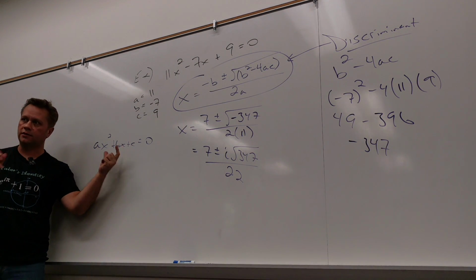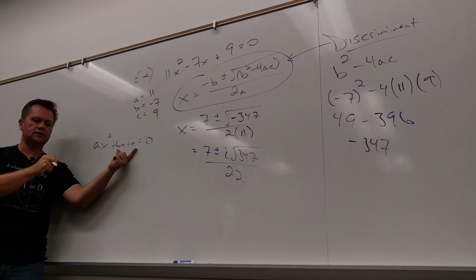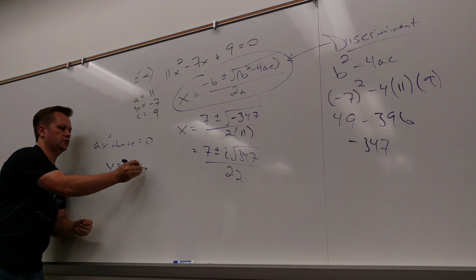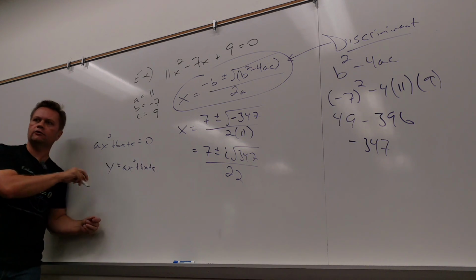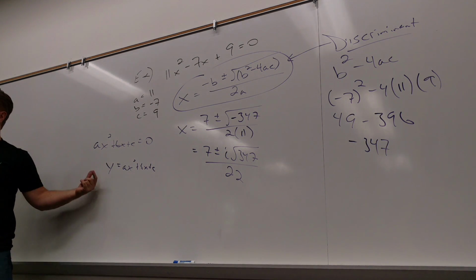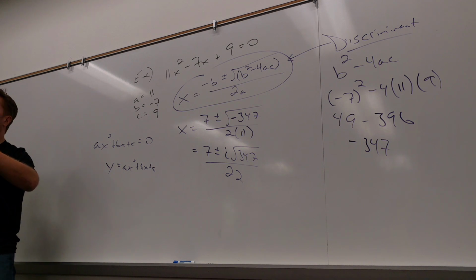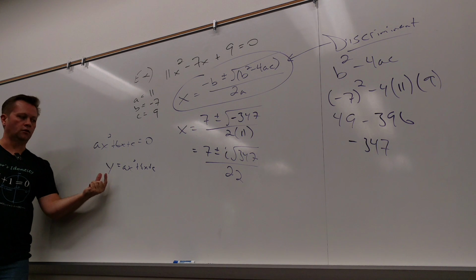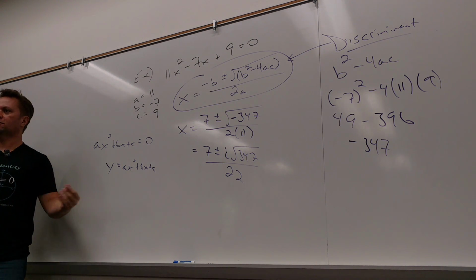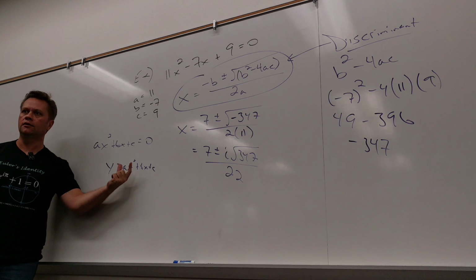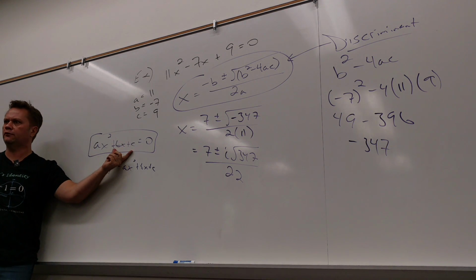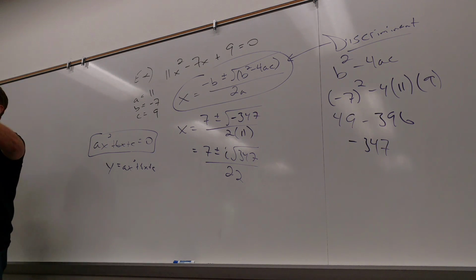Now, real quick, this is what it does, but what else does this do? If I had y equals ax squared plus bx plus c, and I made y 0, what is it that I'm looking for? When I say y equal to 0, I find the x-intercepts. So since the quadratic formula solves this type of equation, it also can be seen as giving me the x-intercepts of a quadratic.